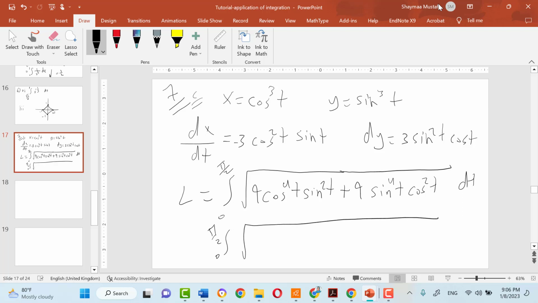Okay, so 9 cosine squared t sine squared t times (cosine squared t plus sine squared t), and this one is 1.